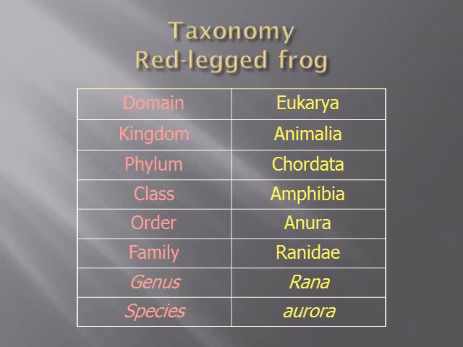The other thing you will notice is that the genus is in capital letters to start. The first letter is capitalized, and the species is not. You always have to write the genus with the species. I repeat, you always have to write the genus with the species. They have to be together.